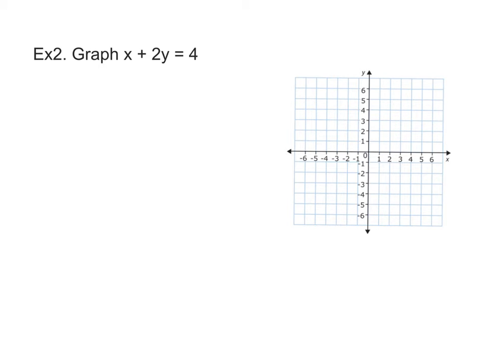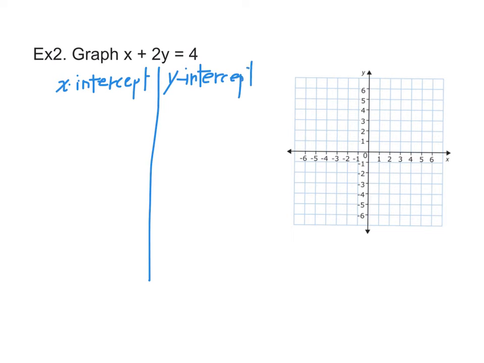In this one, we have x plus 2y equals 4. Once again, it's in standard form, so it makes sense to actually use intercepts to plot this. So let me go ahead and set up my workspace. For the x-intercept, the y-coordinate should disappear.